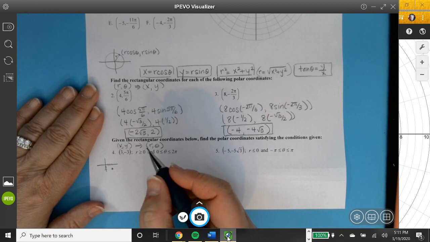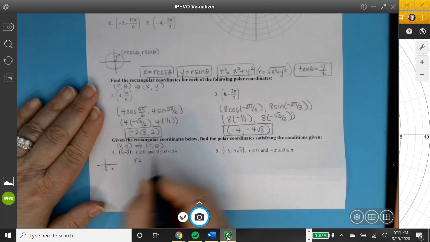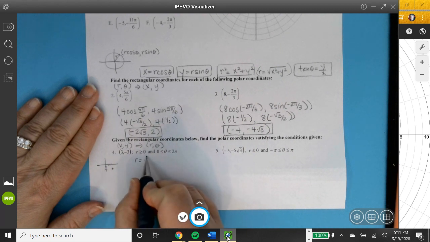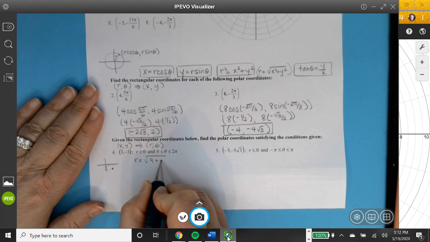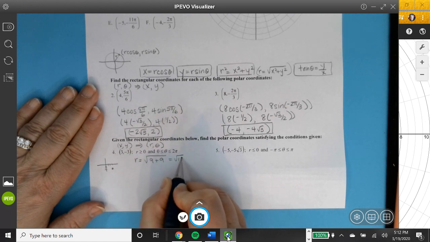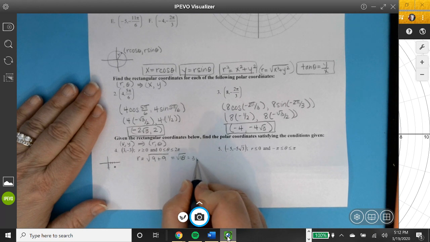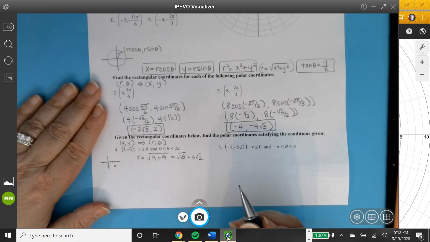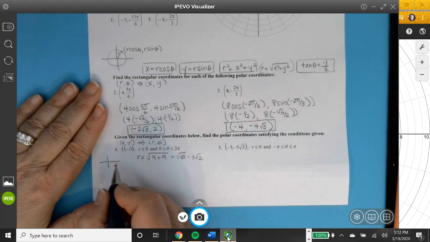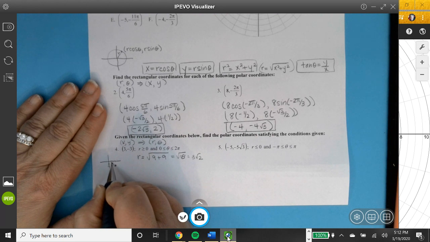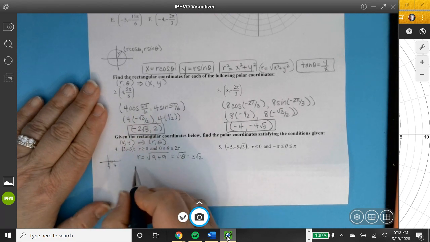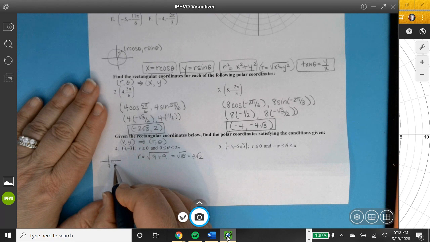And so let's find r, because r is just the square root of 3 squared, which is 9, plus negative 3 squared, which is 9. So it's root 18, which is 3 root 2. Okay, and now I need theta. Well, theta can be as simple as, if I think about it, this is pi over 4, isn't it? This angle, because it's a 45-degree angle, because inverse tangent of 1 is pi over 4.